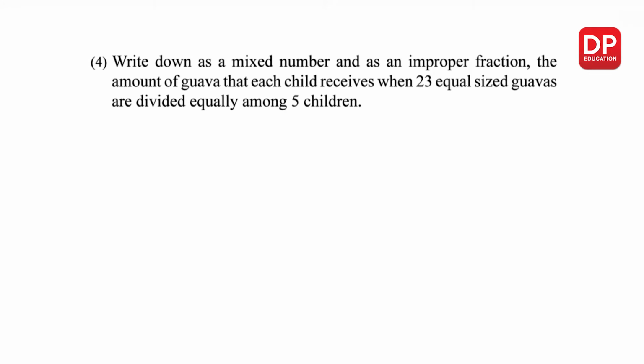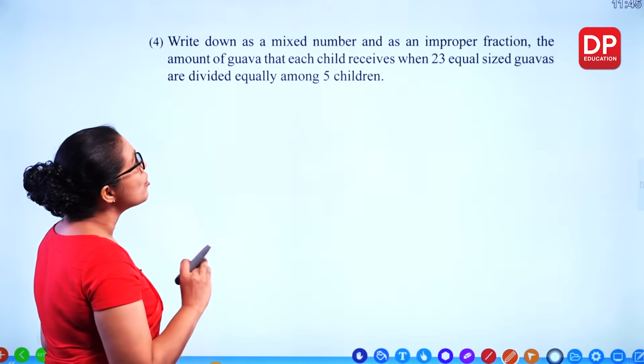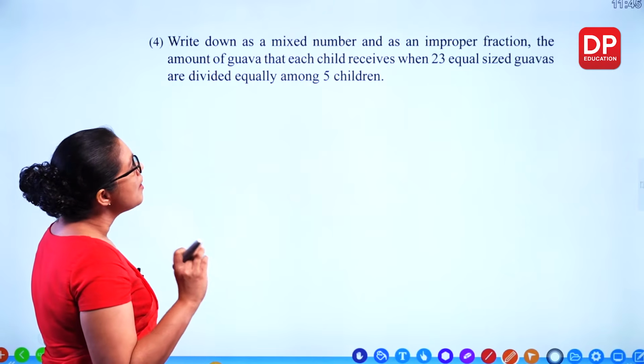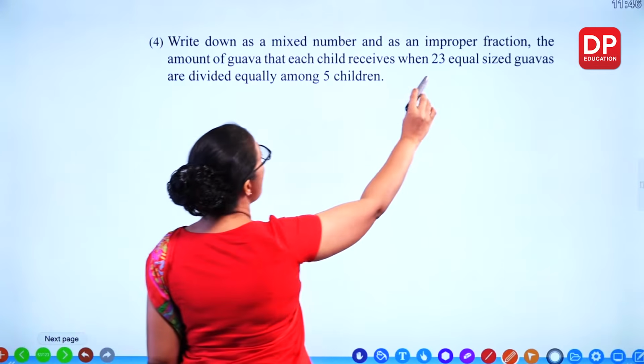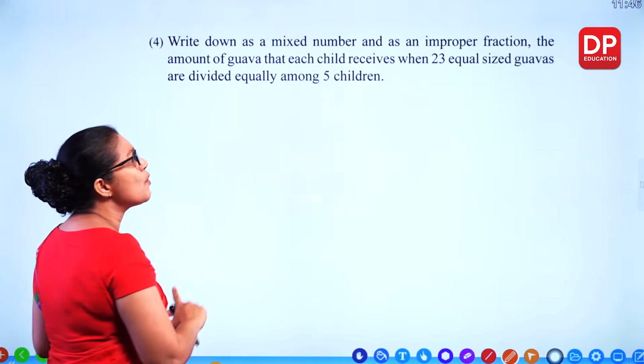Question number 4. Write down as a mixed number and as an improper fraction the amount of guava that each child receives when 23 equal-sized guavas are divided equally among 5 children. So altogether 23 guavas are there. So you have to equally divide.